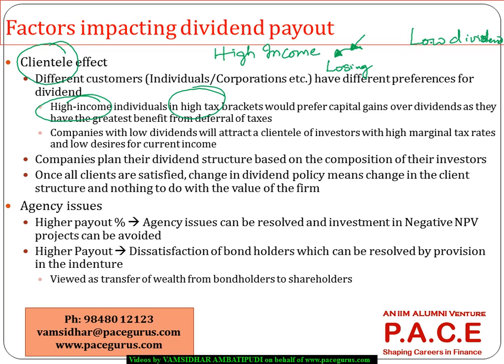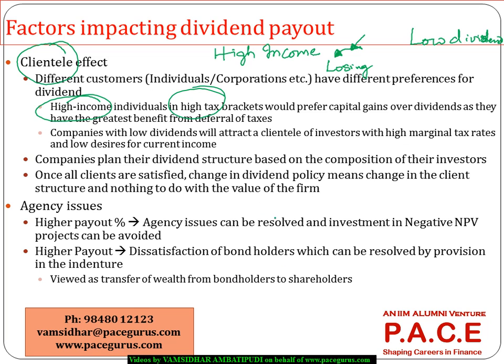And another interesting aspect is, let's say today the company has finalized one dividend payout structure, and they have finalized the portfolio on the composition of their different clients. After that, if the company is trying to fiddle with their dividend policy, the only thing is they are fiddling with the proportion of their clients.